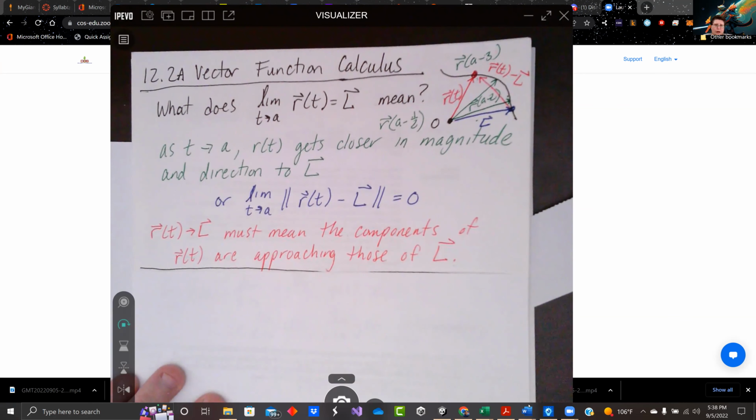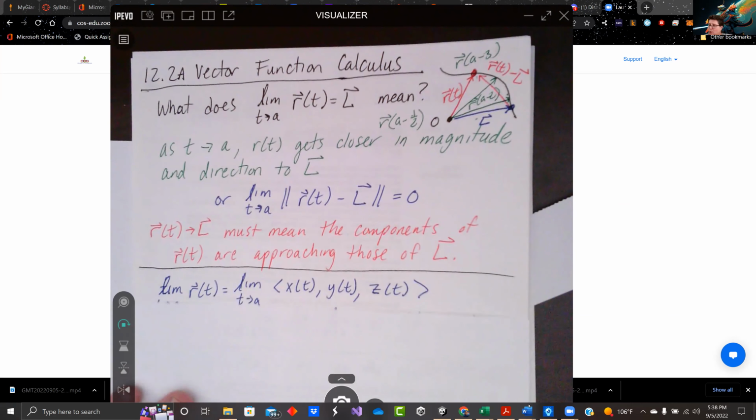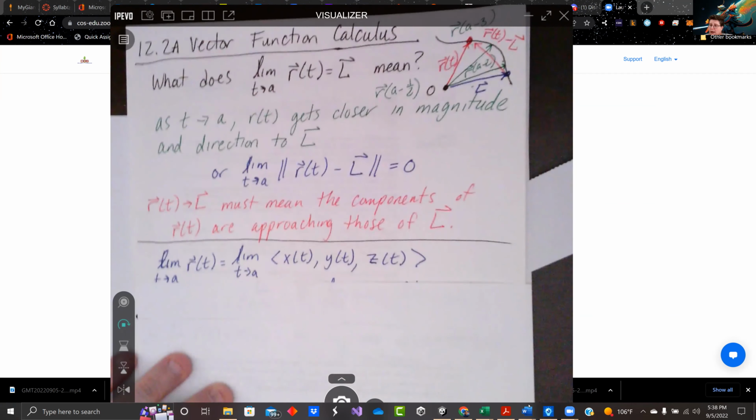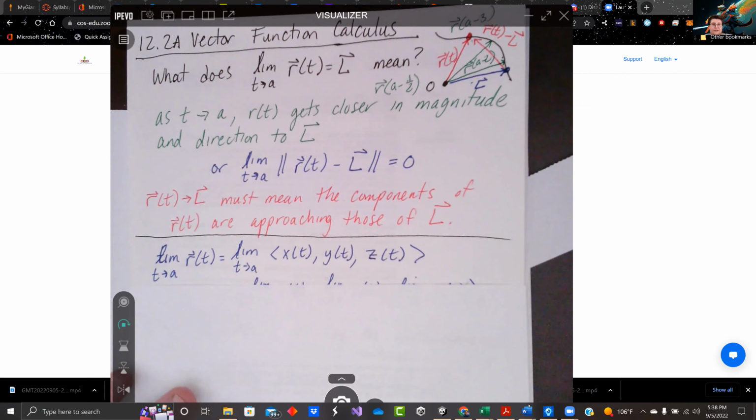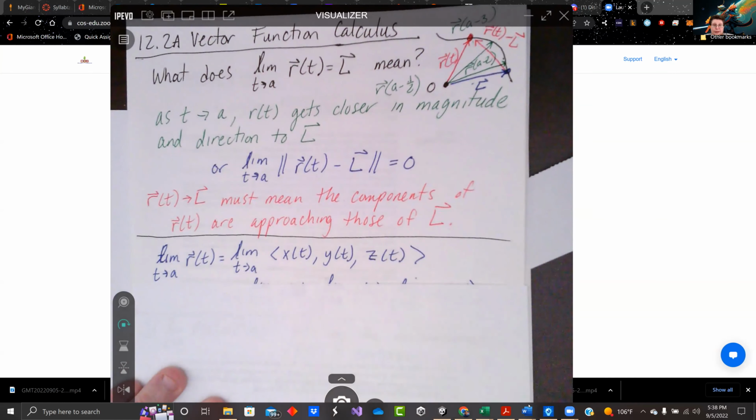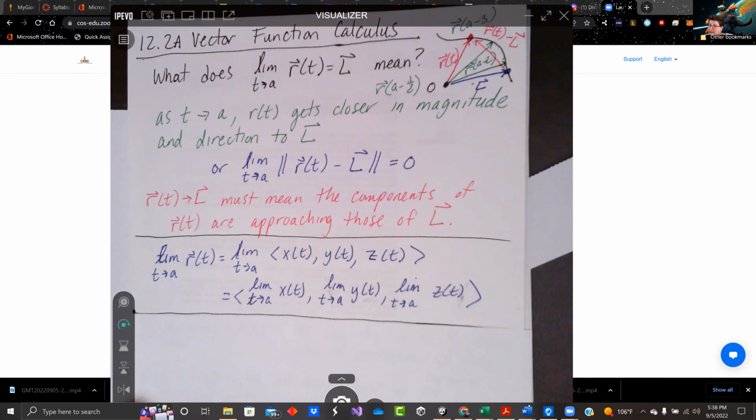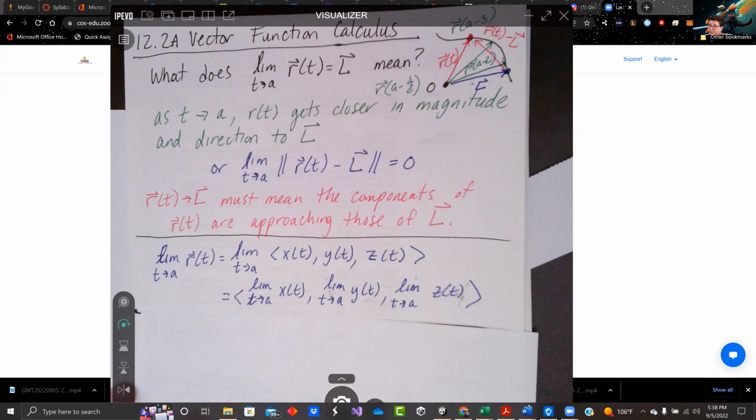r of t approaching the vector L means that the components individually have to approach. So x of t, y of t, and z of t of r need to approach those components of L, which means we can pass the limit into it, like we do here.